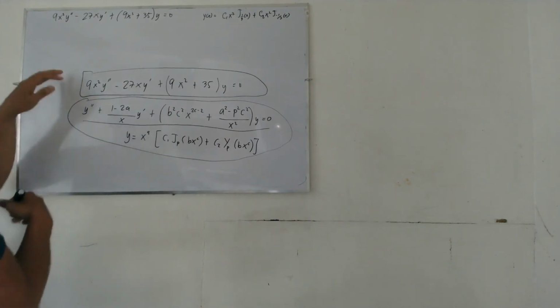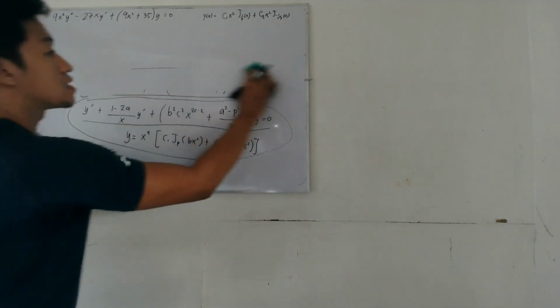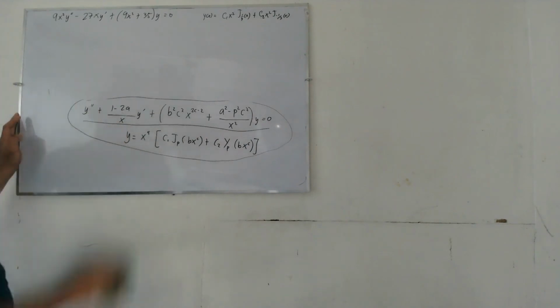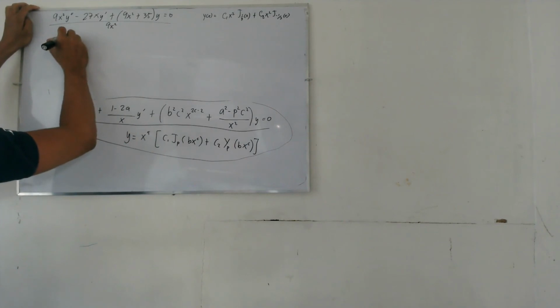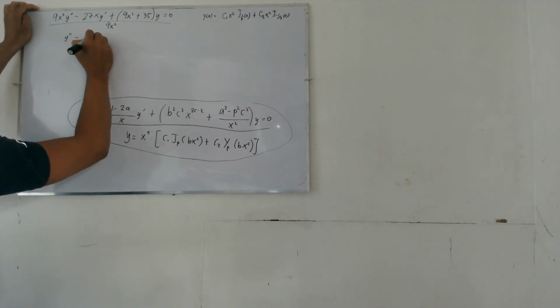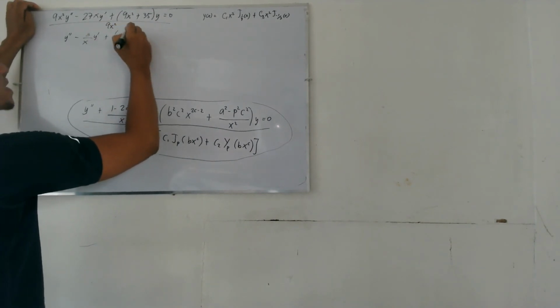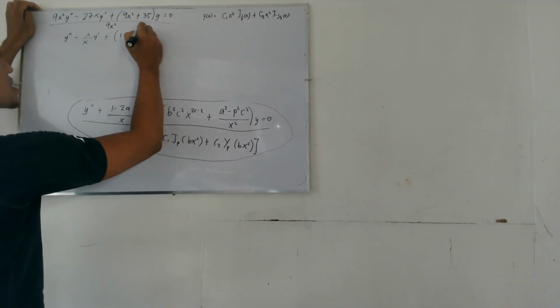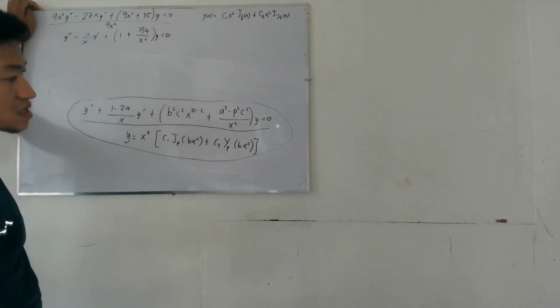Okay, so formahan na to ni ani. Divide ni og 9 x squared, you have y double prime minus 3 over x y prime plus 1 plus 35 over 9 x squared y equal to 0.